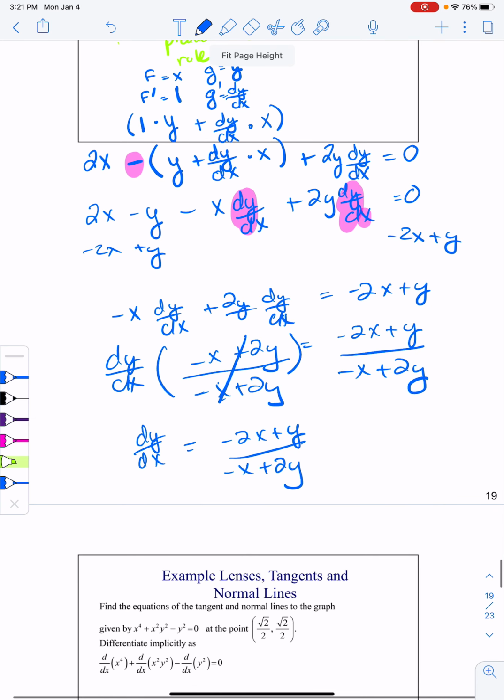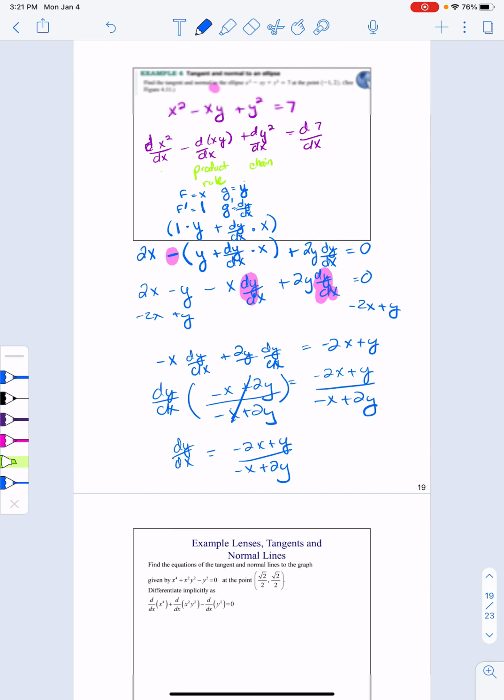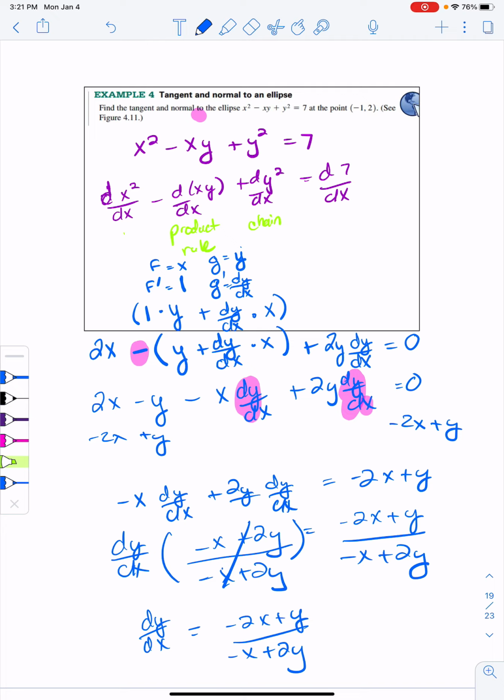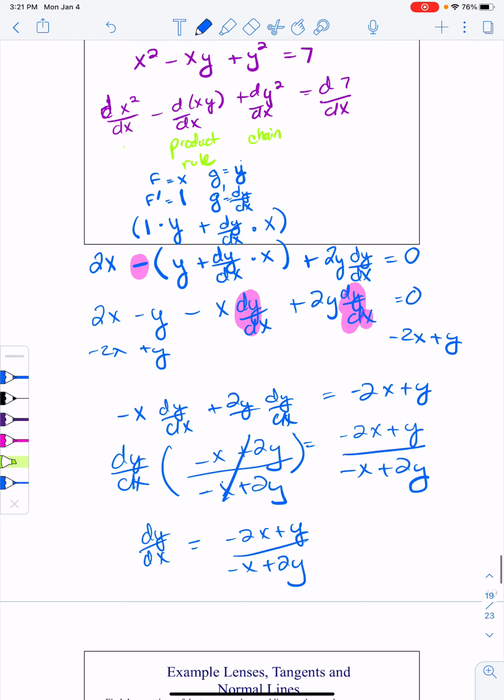So that's your slope. You have the point up there, negative 1, 2. It wants us to find the tangent and normal to the ellipse at that point, so you need the slope at that point.